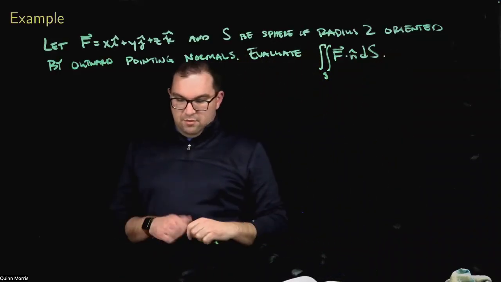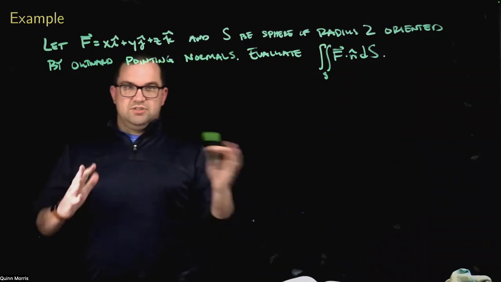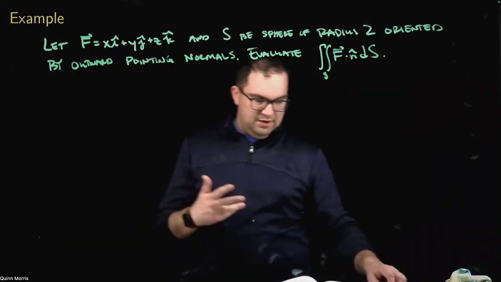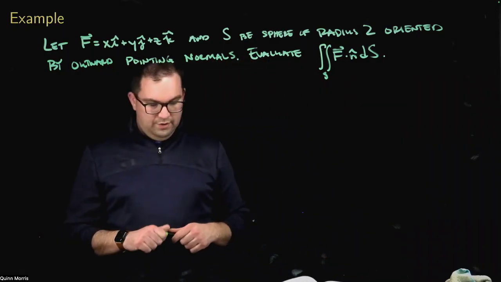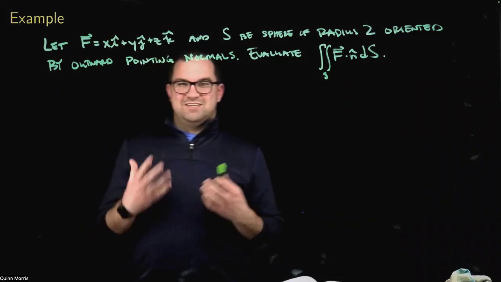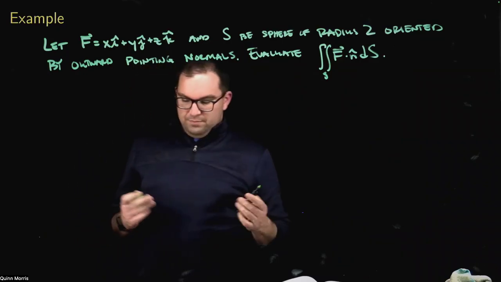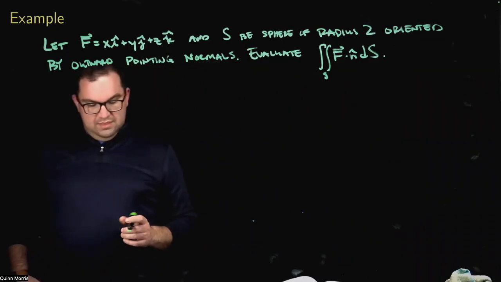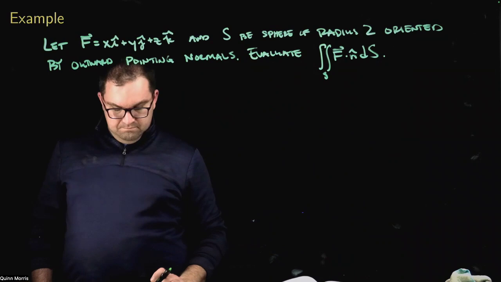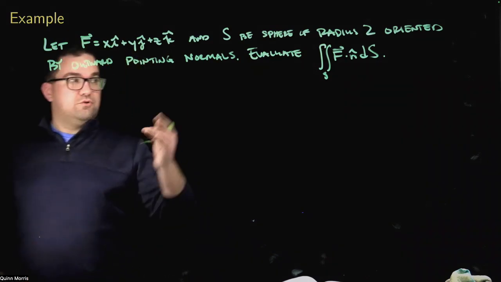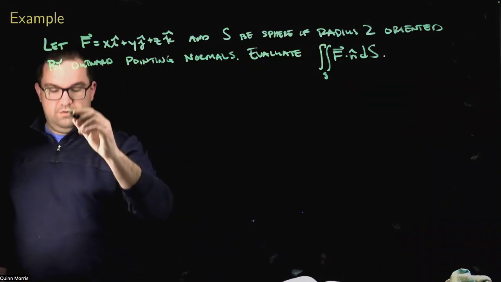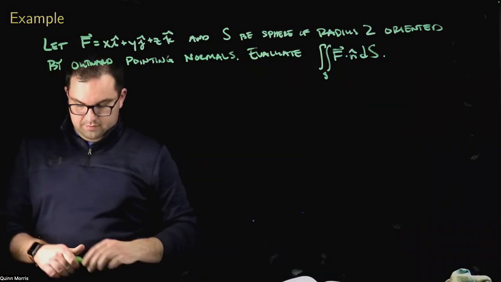All right. Now we're going to do this two ways. The first is to just use the definition, plug it in, see how it goes. The second is a little more nuanced, a slicker way of doing it for this particular example. So in the first way, we first need to calculate this vector n hat.